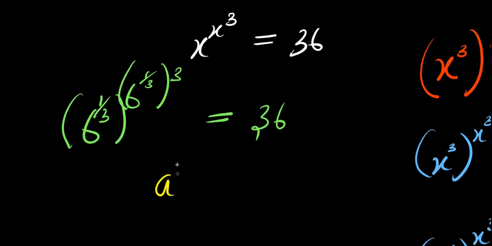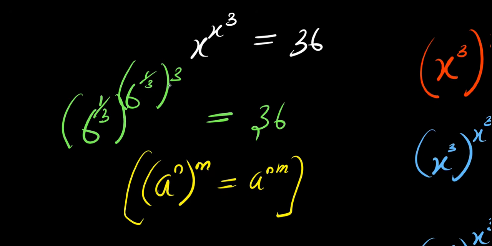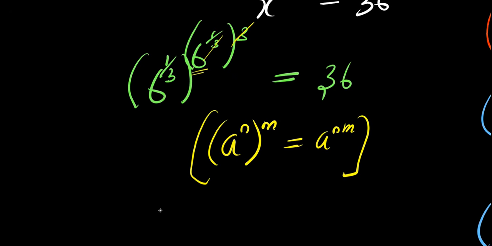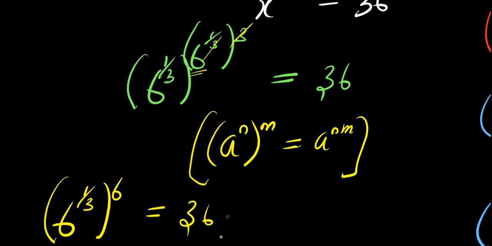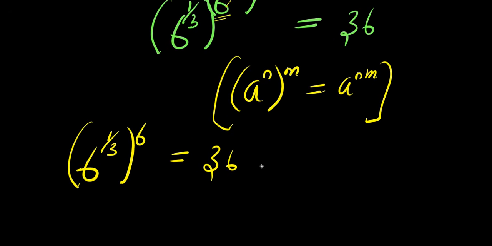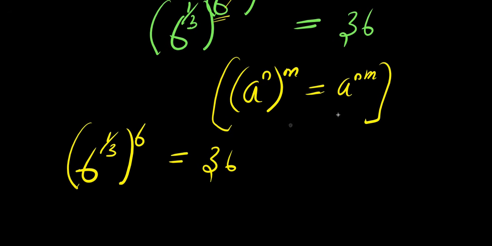So right now, based on the identity of a power n raised to the power of m equals a power n times m, we eliminate this, right? So we have 6 left here at this base. So what we are simply going to have is 6 power 1 over 3 raised to the power of 6 equals 36. We go back to this identity and multiply these exponents.